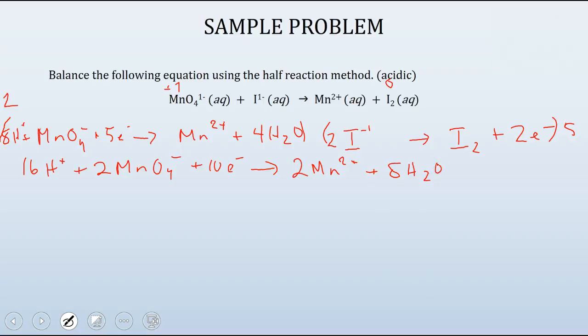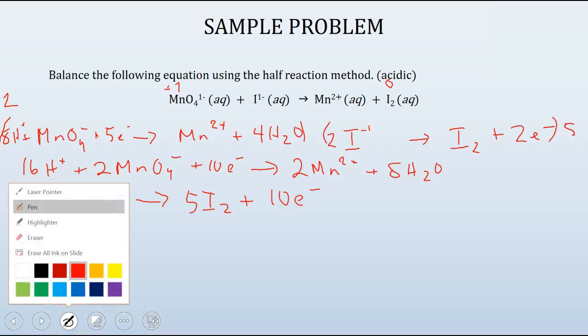Okay, and then I'm going to add to that this other one. So I'm going to have 5 times 2, 10 I- ions, yielding 5 I2 plus 10 electrons.